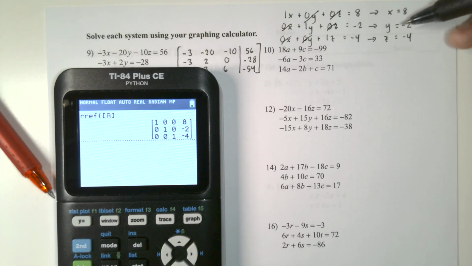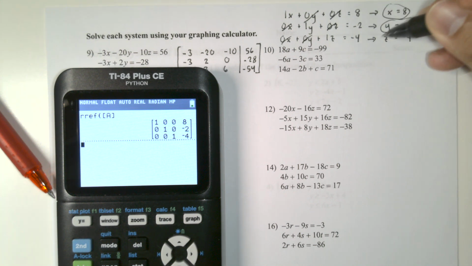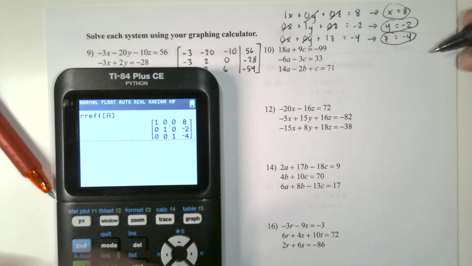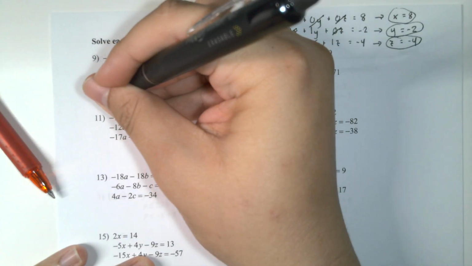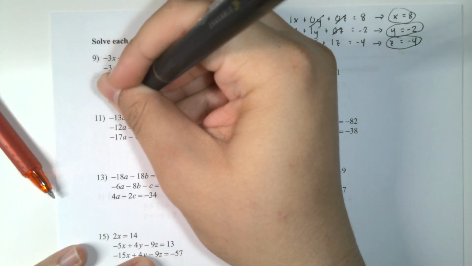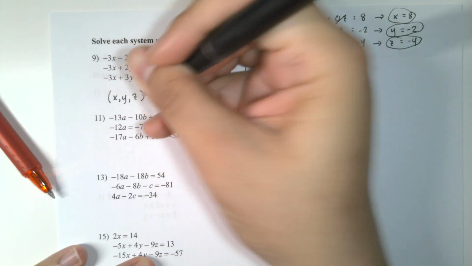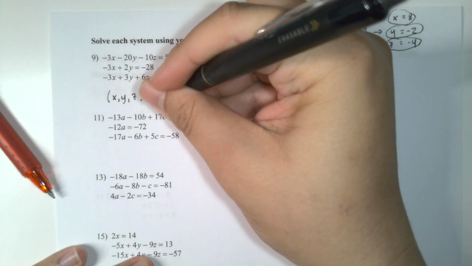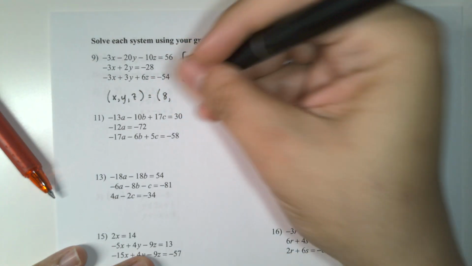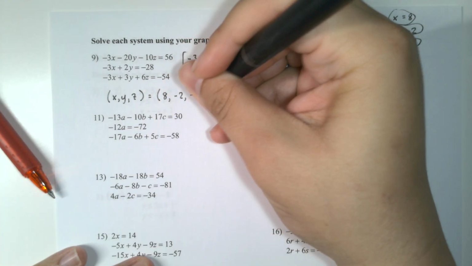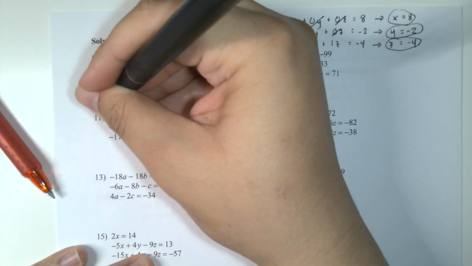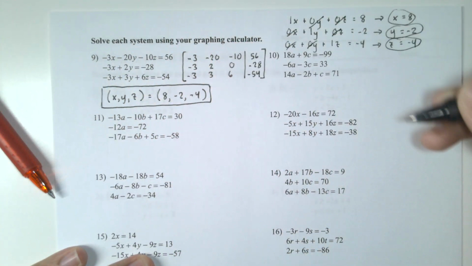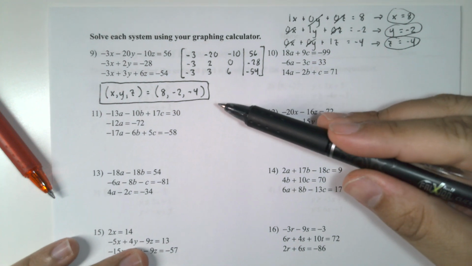And so, really, just like before, if we know that x is equal to 8, y is equal to negative 2, and z is equal to negative 4, we can piece that together into a single statement, and we can write that as x, comma y, comma z is equal to 8, comma negative 2, comma negative 4. And so that would be your final answer right there.